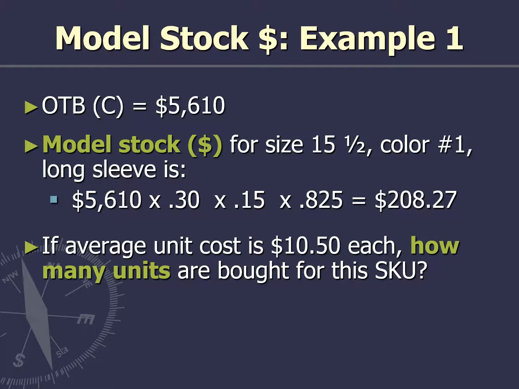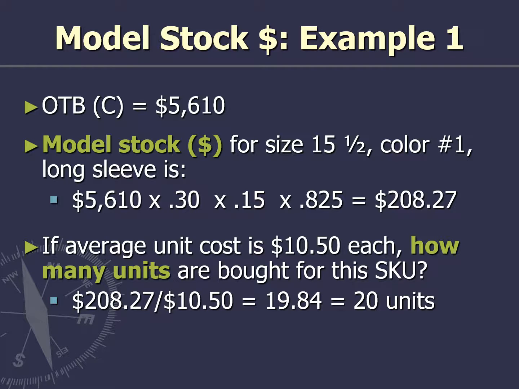Now, if the average unit cost for a dress shirt is $10.50, with the money that is allotted to this SKU, how many units can we actually buy? We can answer this by dividing the model stock dollar allotted to this SKU, $208.27, by the average unit cost, which is $10.50.